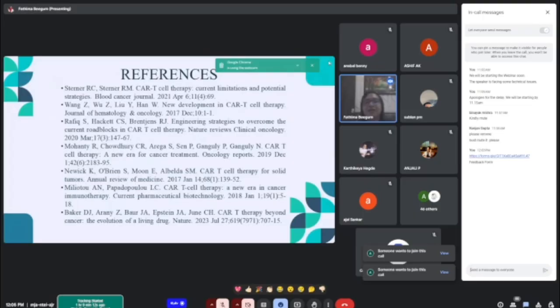And the application of CAR T is very vast. It is used in cancer because the CD19 antigen can easily be detected, and the chimeric antigen binding site can bind and cause destruction and activation of T cells. Besides that, it is also used in different types of solid tumors, and also autoimmune disorders, even infections, HIV infections.